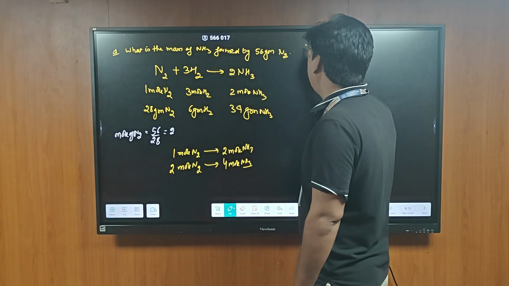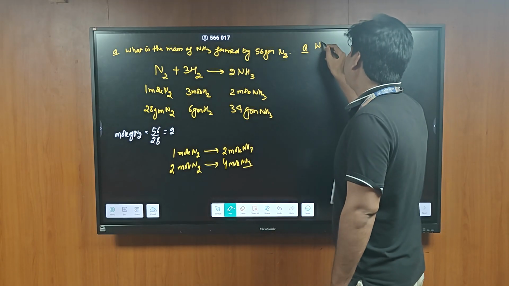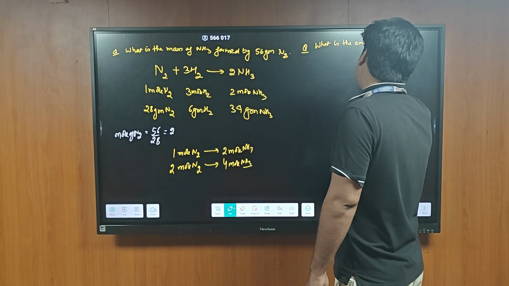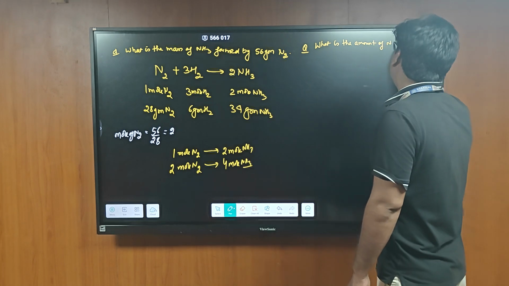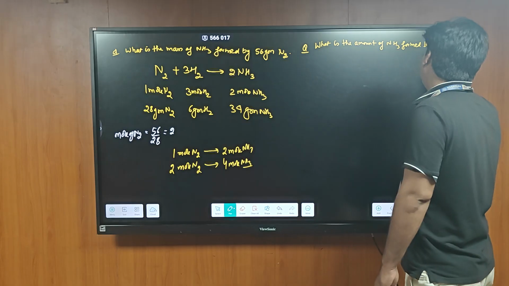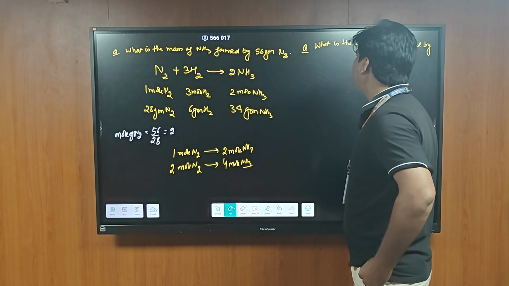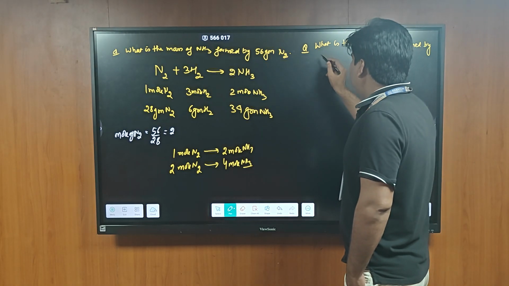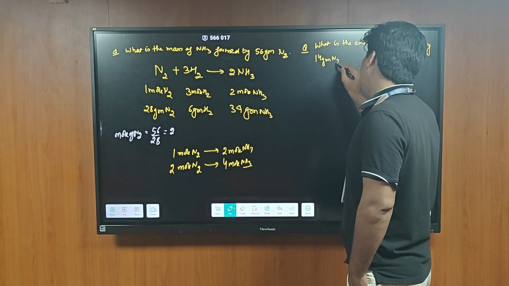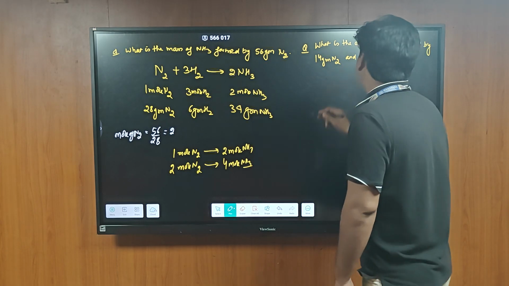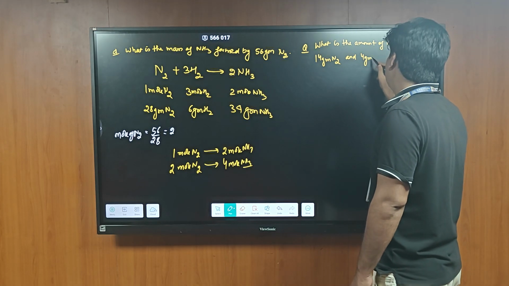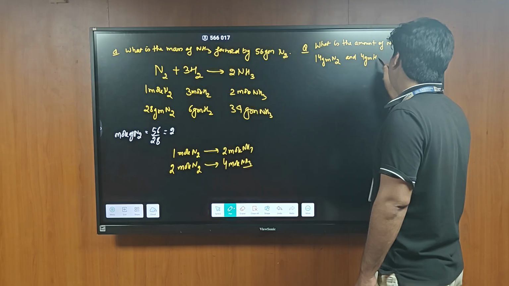Now see what is the difference and when to apply the limiting reagent. Same question, I am framing like this. What is the amount of ammonia formed by 14 gram nitrogen and 4 gram hydrogen?